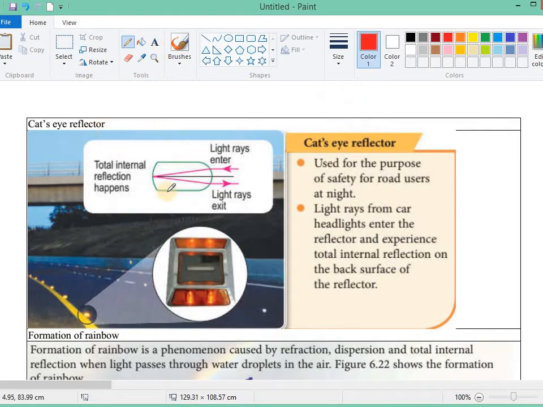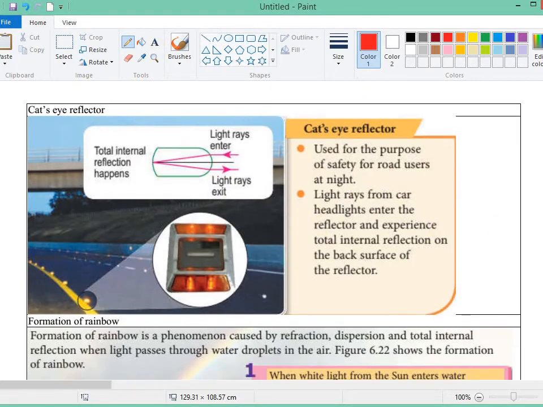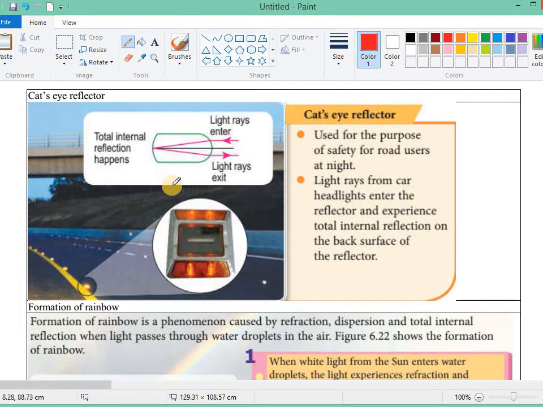Okay. After this, cat's eye reflector. Okay, we all have seen this kind of reflector on the road, right or not? Okay, when you drive a car, you can see that this reflector produces light, but actually this reflector does not produce light.